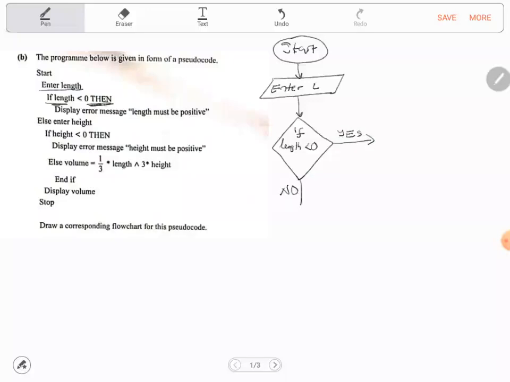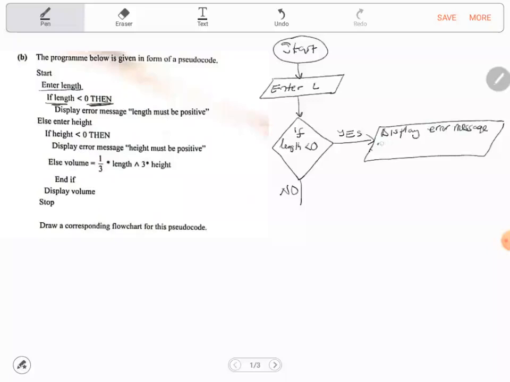So after then, they are saying display error message, length must be positive. So we are going to say display, remember, is a parallelogram. It's a parallelogram. So say display error message. So right here, display error message.